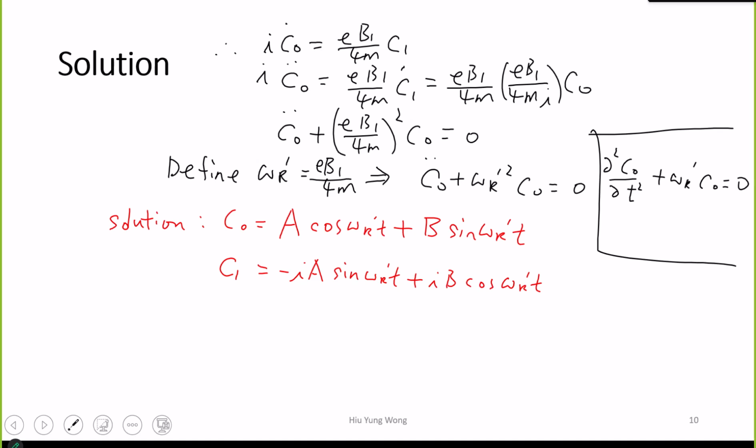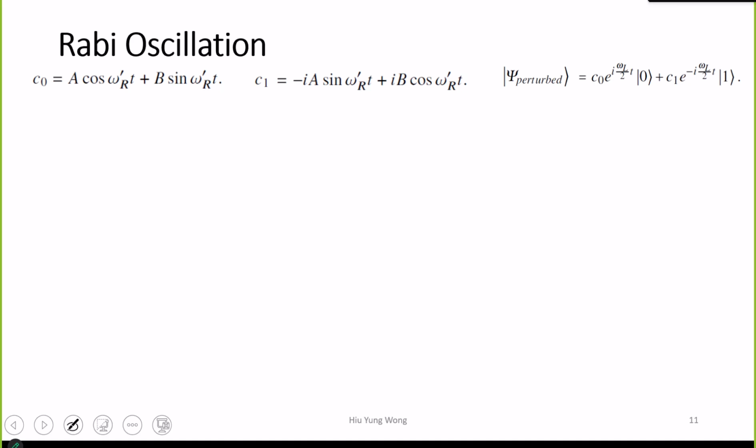Then what do you want to do now at this step? You have the solution, but do you have everything already? Do you already understand the problem? You got the answer for how the qubit will evolve already, or not yet? You still don't know what A and B are, right? Because when you plug this into your qubit, you still need to find out what A and B are.